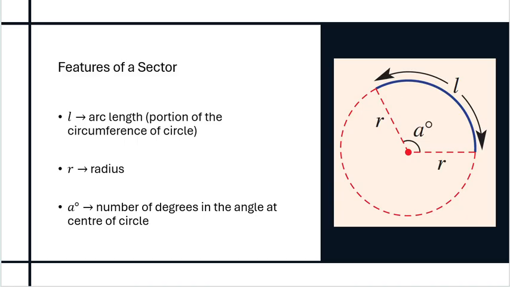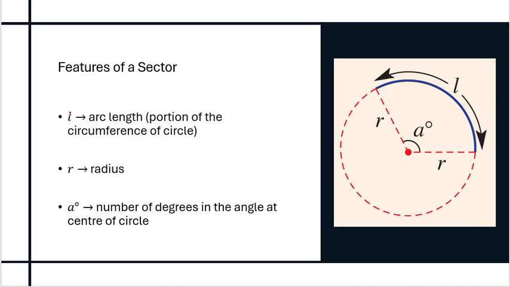It technically doesn't exist. So in reality, this sector would look like this. It looks something like that, okay? So you can think of it like a pizza slice. It's a pizza slice and it just depends on how big or small it will be. And what determines that is what we'll talk about soon.